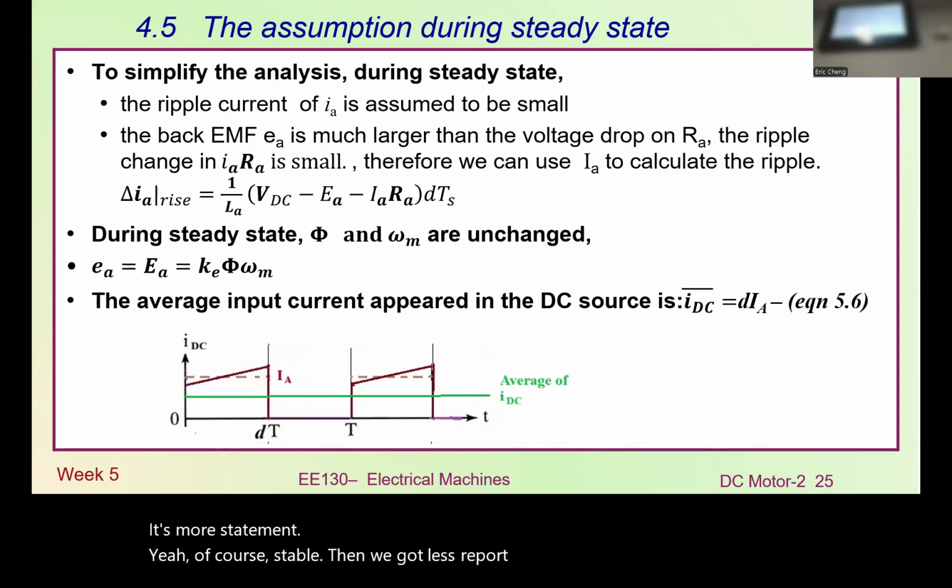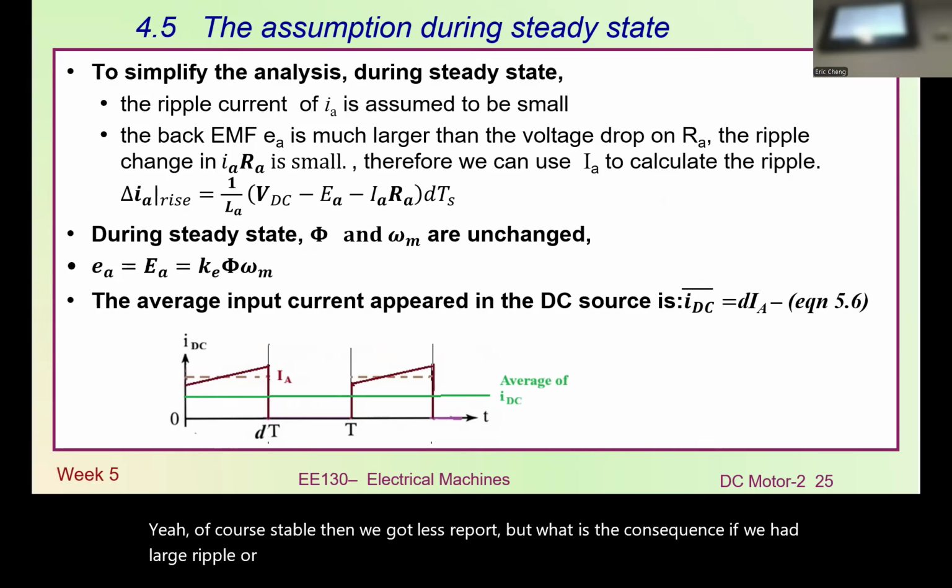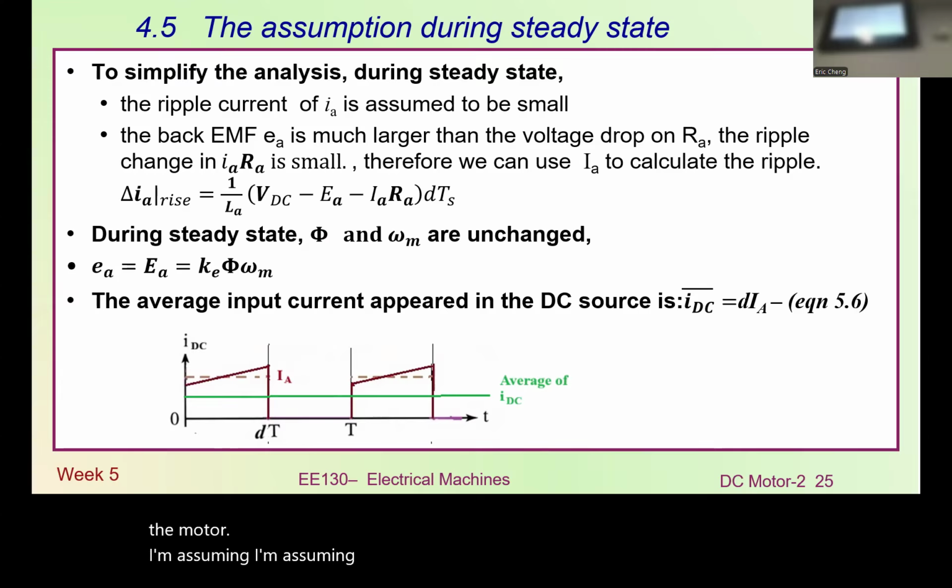But what is the consequence? If we had large ripple or small ripple, what is the consequence for the motor? I'm assuming efficiency. Efficiency, yeah, and you can say that the ripple will cause additional harmonic losses.